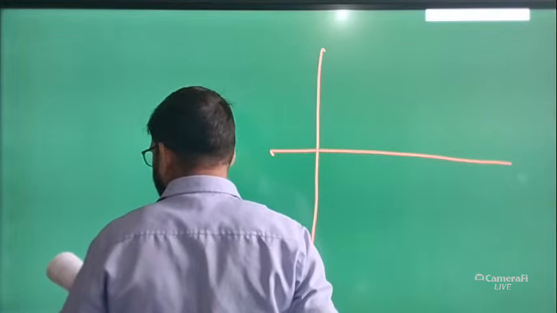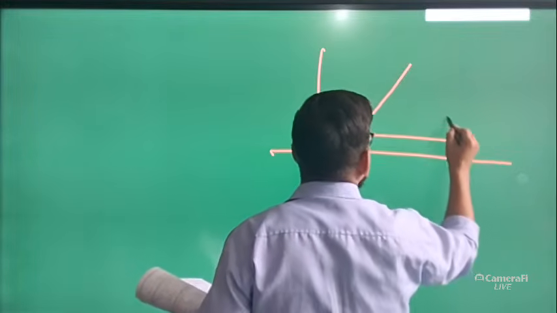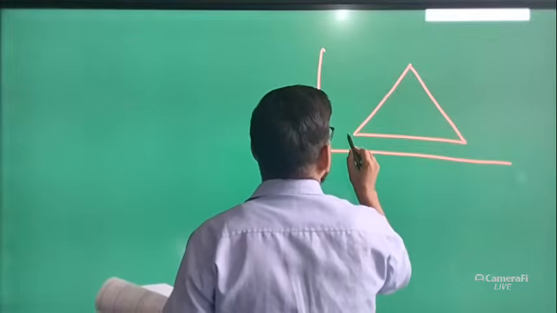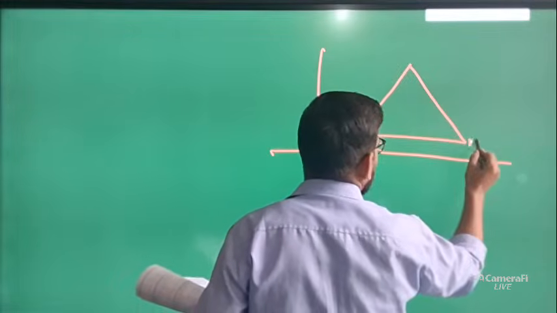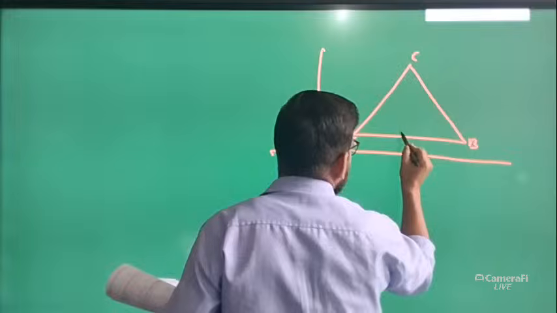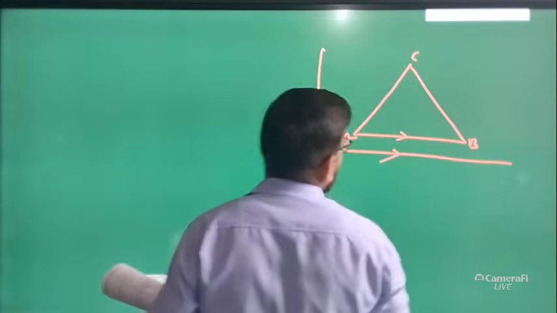It is said the side AB of an equilateral triangle. We have an equilateral triangle ABC, in which AB is parallel to the x-axis.